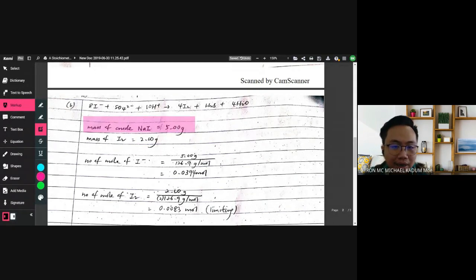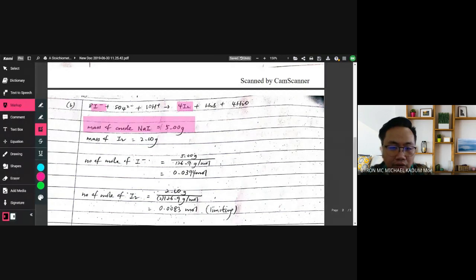And then bila dia react, okay, cuma 2.10 grams I2 sahaja yang dihasilkan. So, kita bolehlah berdasarkan dengan inilah kita punya balance equation sebab sini ada I kan. Kalau kamu tengok sekarang dia ada I dan dia hasilkan iodine. So kalau kita dapat cari bilangan mol of iodine sini, kita banding dengan berapa banyak I minus dia akan hasilkan based on the balance equation, then we should be able to find the mass of crude lah, mass of the percentage of purity lah.